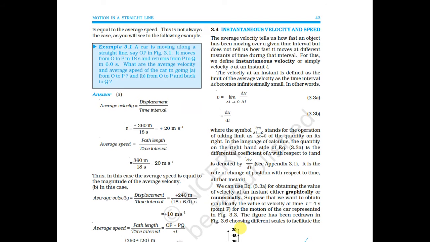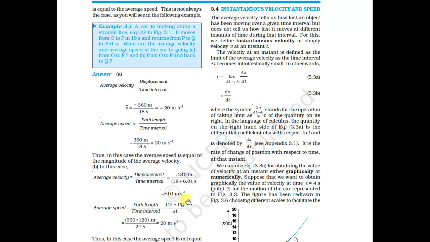First, average velocity is equal to displacement upon time. For O to P, O is 0 and P is 360, so displacement is x2 minus x1, that is 360 minus 0. It takes 18 seconds, so we get 360 upon 18 seconds, which equals 20 meters per second.